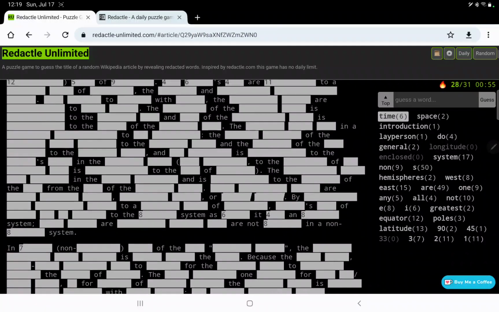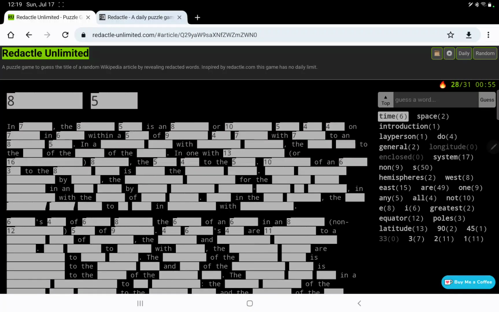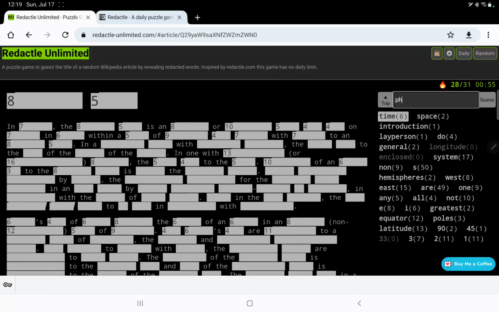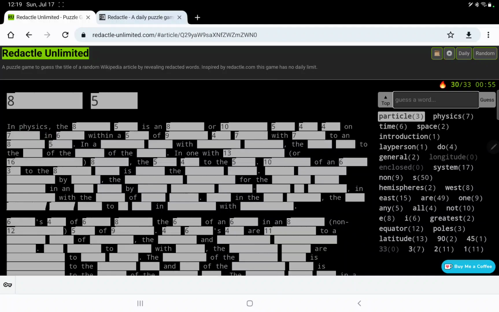Well, let me go up to the top. Space was not one of our words. I did think originally it might be physics, so let me just get that out of the way. Oh, no, it is. So it is in physics. The something particle, good physics word.